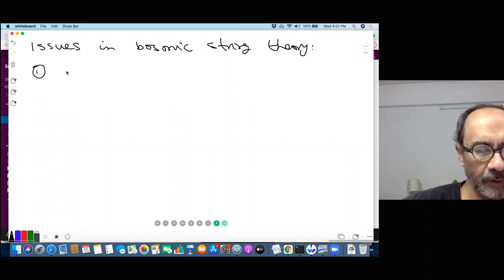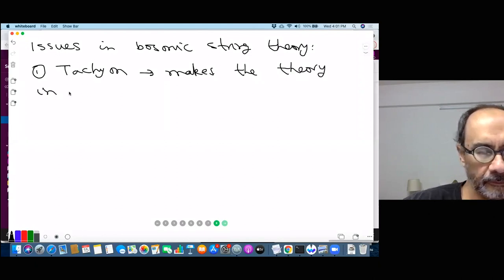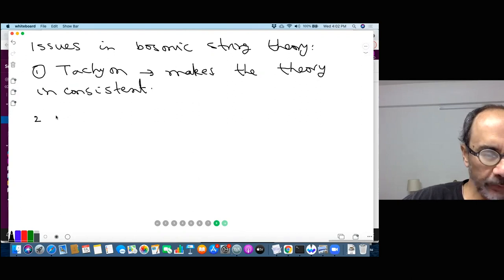The first issue is, of course, the tachyon. And this makes the theory inconsistent, just like a tachyon in a quantum field theory will make it inconsistent. So this will be resolved in superstring theory. We'll see.